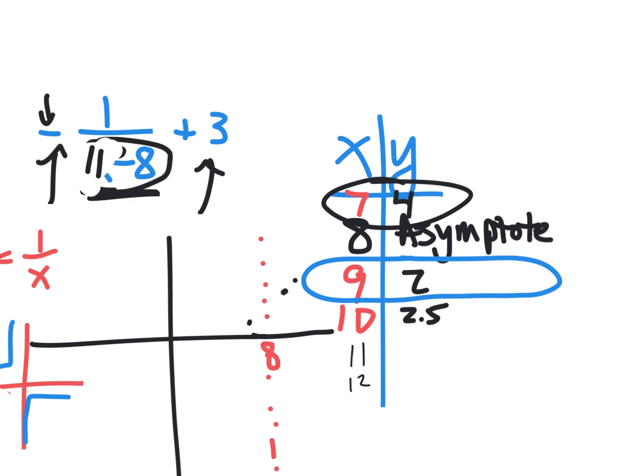So that's negative 1/3 plus 2, 2 2/3. 2.6. 2.7 maybe. Then I put in 12. And I get 12 minus 8 is 4. Negative 1/4 plus 3 is 2.75. Okay. If I get enough dots, eventually I can graph this thing.